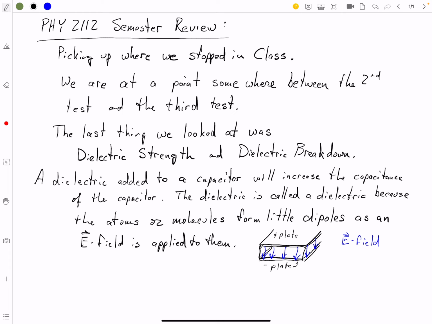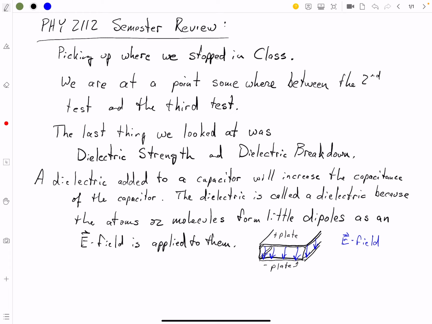I think it was Dustin who said that dielectric breakdown is what happens when the dielectric fails, and we end up having a so-to-speak conductor go from the top plate to the bottom plate in our capacitor, and we would just have electricity flowing through that one section because it just couldn't handle it anymore. So what are we talking about? We're talking about a dielectric that is added to a capacitor in the middle.